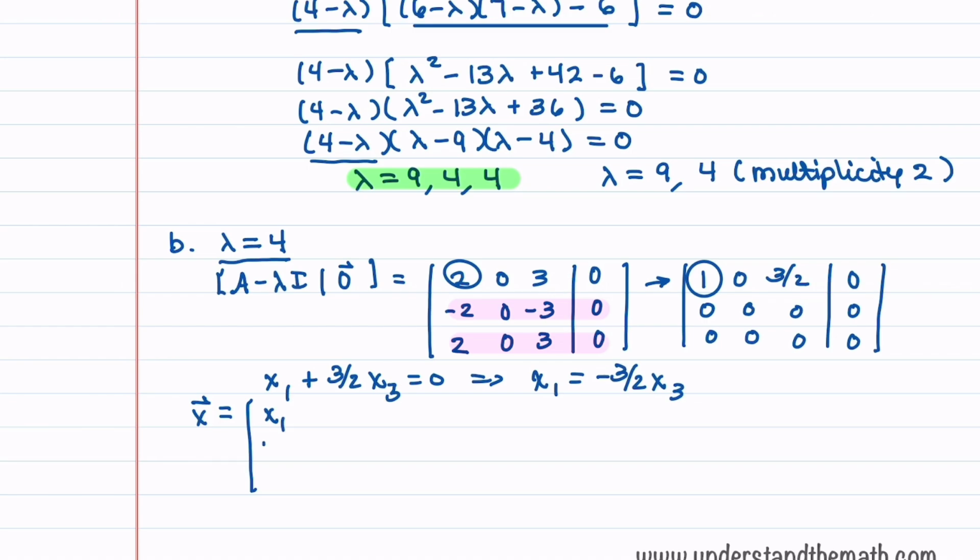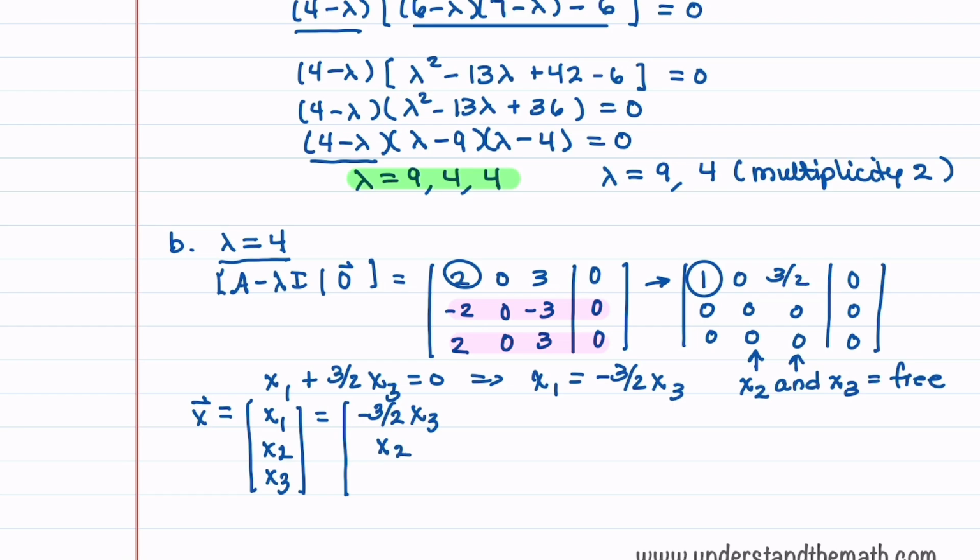So we have x1, x2, x3. And then let's plug in. We have x1 is minus 3 halves x3. And now we have to figure out what to do with x2 and x3. Let me make a note up here that because these columns are missing a pivot, that means that x2 and x3 are free variables. So when you put them into your matrix, they just go in as themselves. So this is an x2 and that's an x3.